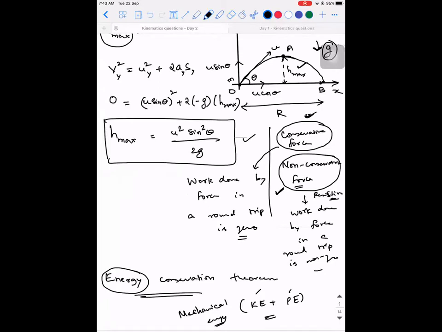Concentrate, guys, I'm giving you a different perspective to think. If there is doubt, ask. If the object's mass is m and its initial velocity is u, what are the physical quantities that you can assign to that particular object?